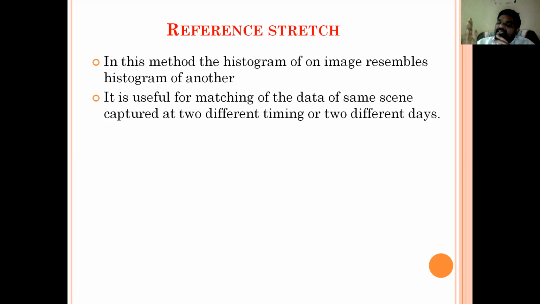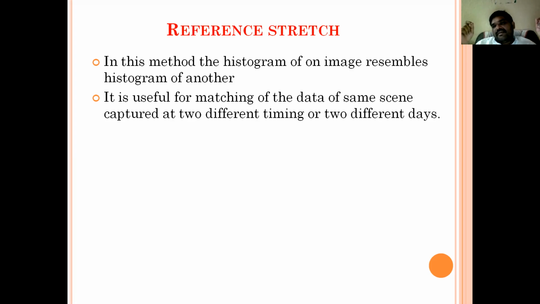An image of one particular scene which was taken earlier, or else different images of the same scene captured at different timings, on different days, are compared with a reference by taking one as the reference.